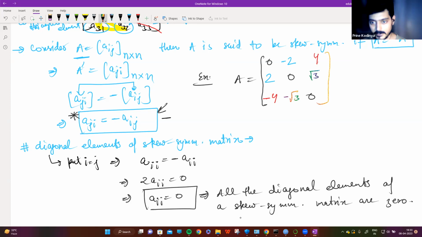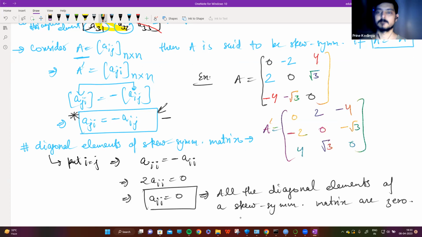Now let's find out A dash. In this case, A dash is 0, -2, 4. Then second row is 2, 0, √3. So second column is 2, 0, √3. Then third row is -4, -√3 and 0. So if this is A, this is A dash.